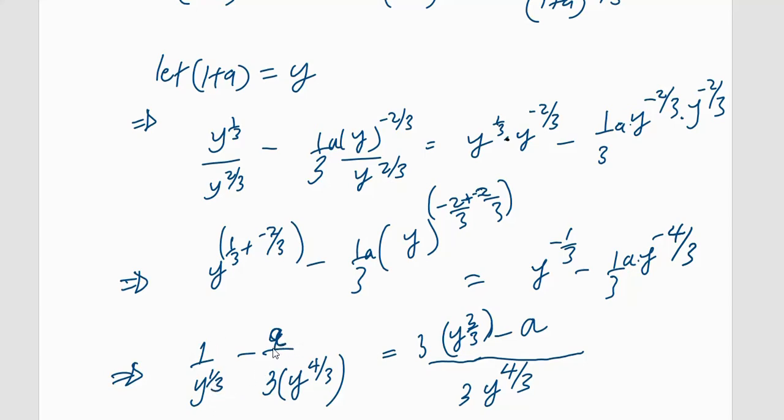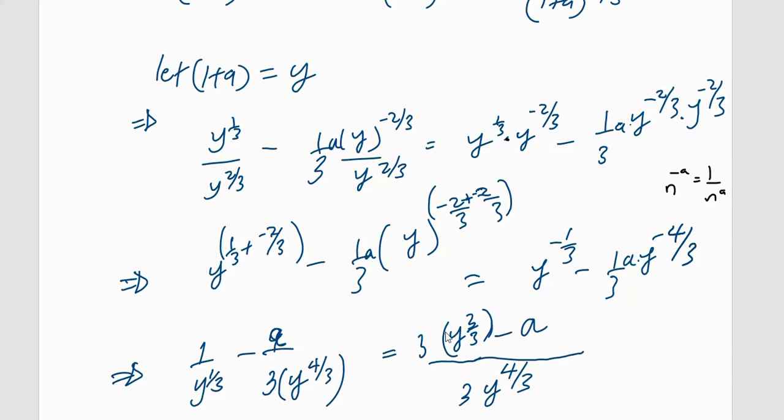Then minus a out of 3 into y to power 4/3, because if I have n to power negative a, this is the same as 1 out of n to power a. Using the same law here, this will be minus a divided by 3 into y to power 4/3.